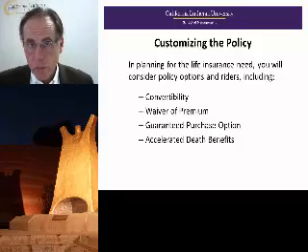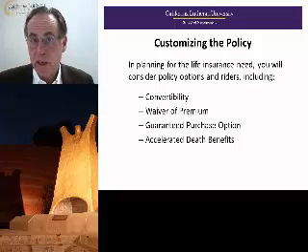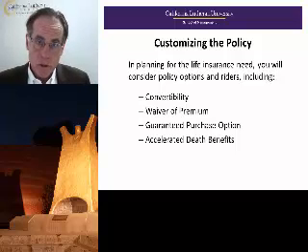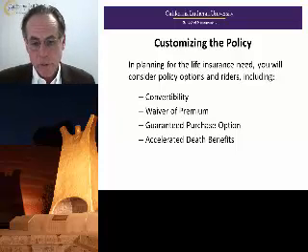A waiver of premium, so during times of disability, the premium is waived. Guaranteed purchase option, again, that right of the insured to purchase maybe additional amounts of life insurance within a different period of time, and also an accelerated death benefit.